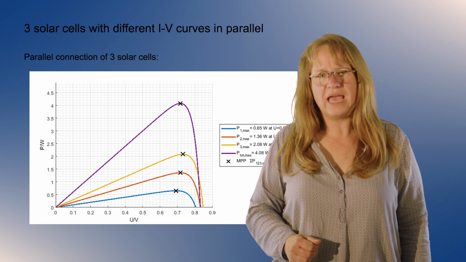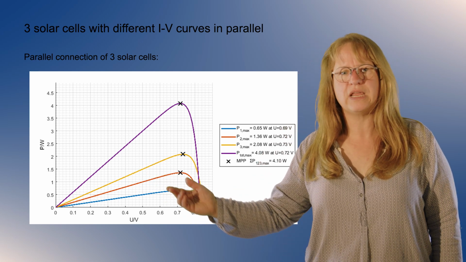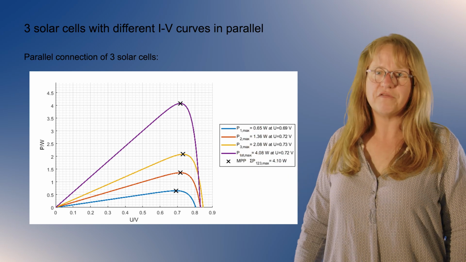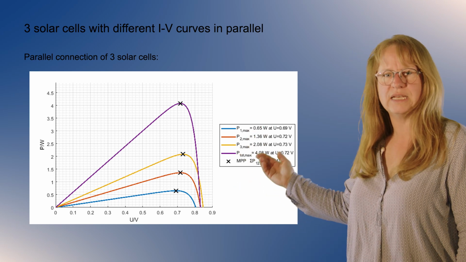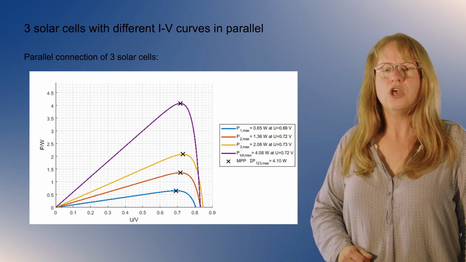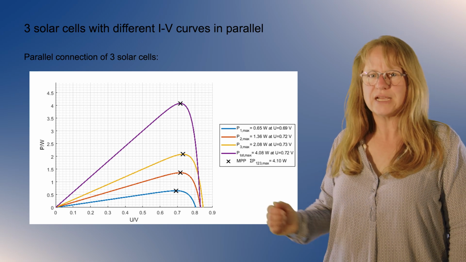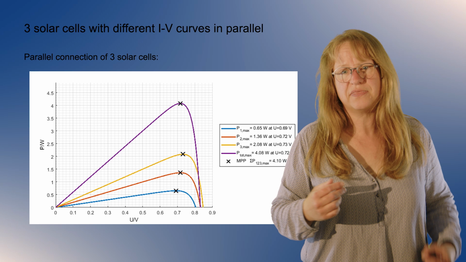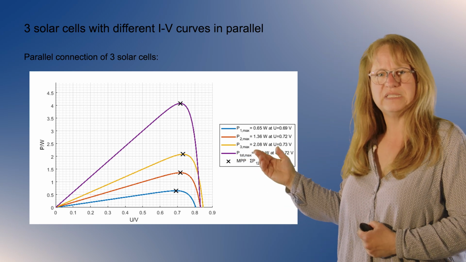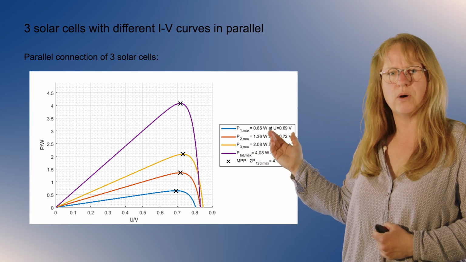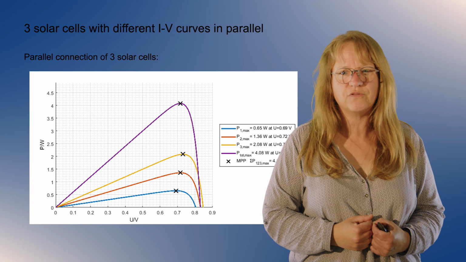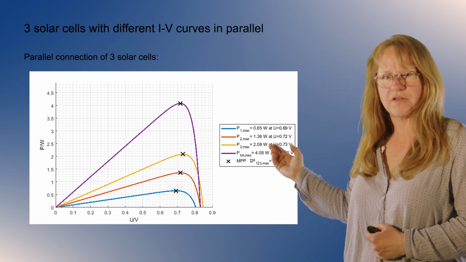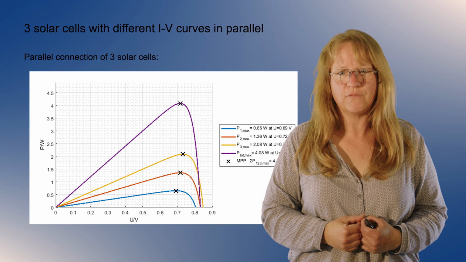If we now compare this to the sum of the 3 individual powers, and here I'm giving also the values of the 3 individual powers and at which voltage they occur, we first of all see that the maximum power point for each of these curves is now not at the same voltage any longer. We see that curve 1 has the maximum power point at 0.69 volts, curve 2 at 0.72 volts, and curve 3 at 0.73 volts.